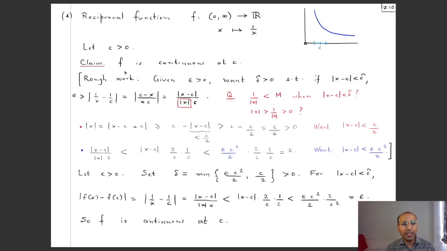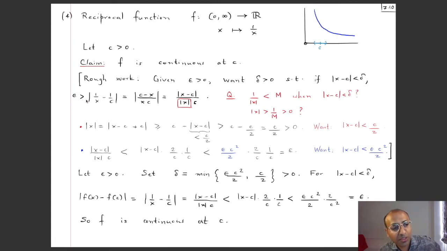From the definition, we have to check that given any epsilon positive, we want a positive delta such that whenever the distance of x to C is less than delta, and x is something in the domain, so it's positive, we want that f of x, which is 1 by x, its distance to f of C, which is 1 by C, so the mod of that, that's the distance, should be less than epsilon. And since I want to manipulate it, I wrote it in the opposite order, so epsilon first and then.